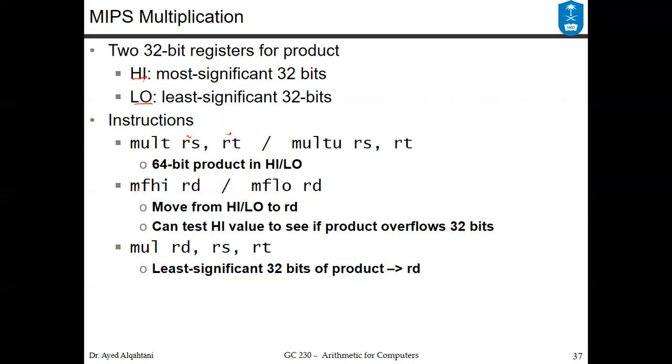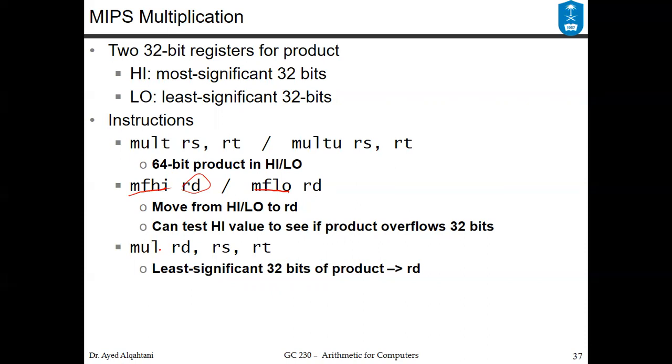To do this, we have two instructions, move from high and move from low. So you have the destination register and you move the high and low, so you can get the result as 64 bits. You can test the high value to see if the product overflowed, in case you have more bits.